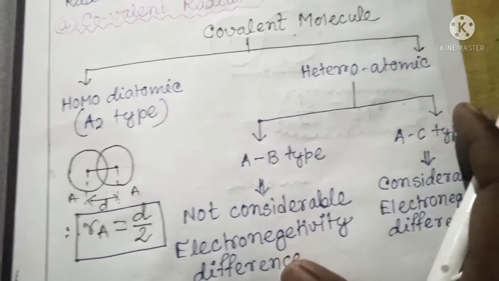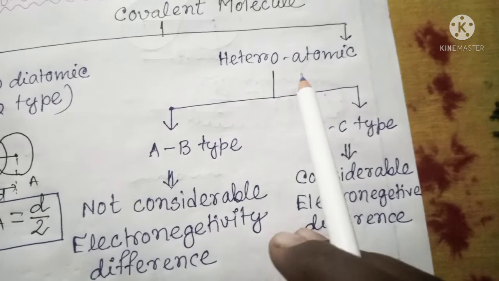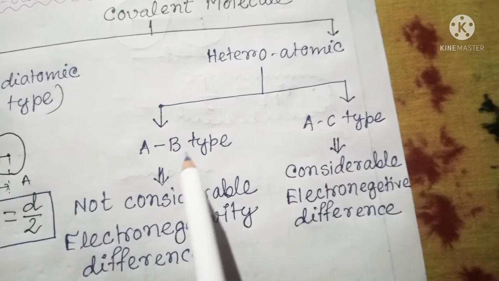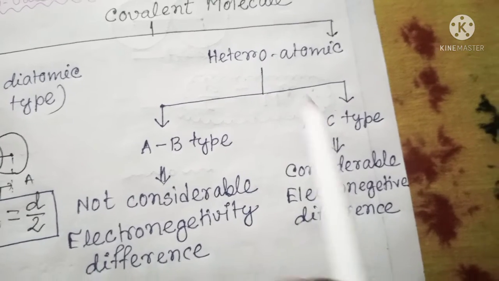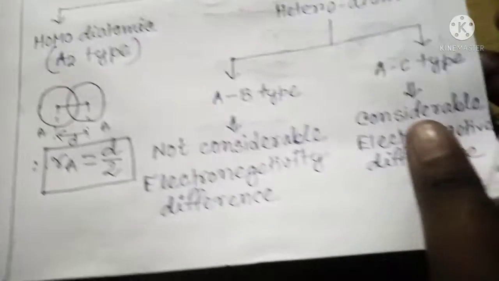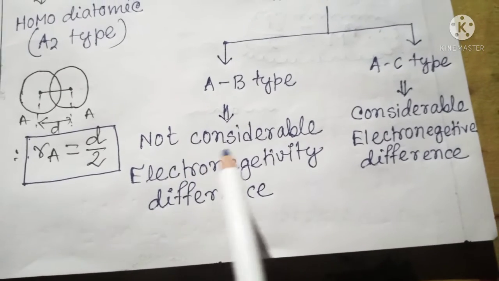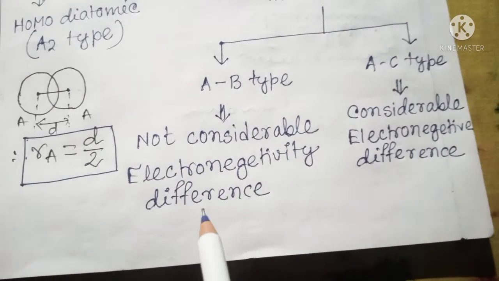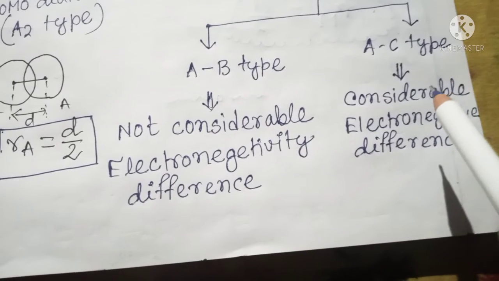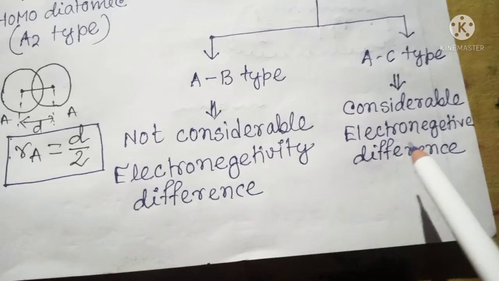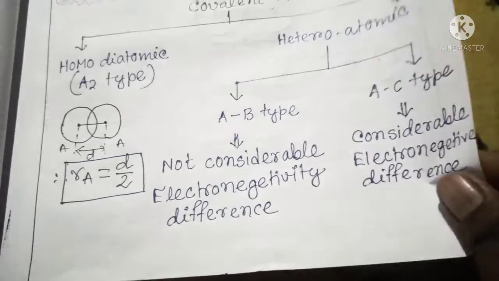In case of heteroatomic, there are two types of molecule, AB type and AC type. AB type is such that we cannot consider the electronegativity difference, and AC type is such that a considerable electronegativity difference is present. So let's see.